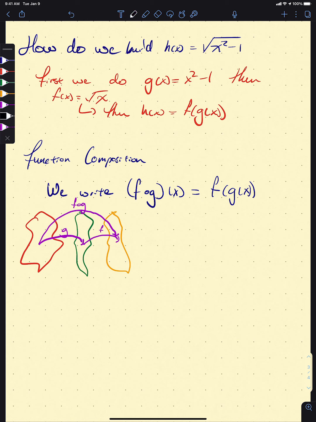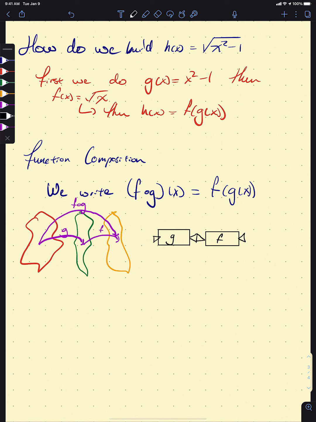If you're partial to the machine diagrams, you can look at it a little something like this. We need our two machines. This one would be G, this one would be F. And that's a thing you kind of have to be a little bit careful of.